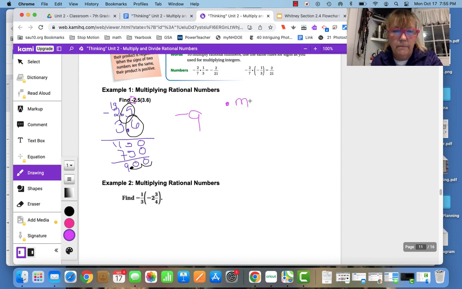So in this case, we multiplied. And then we counted decimal places to determine decimal placement.